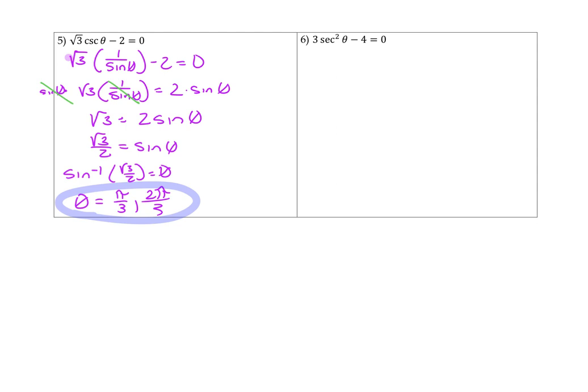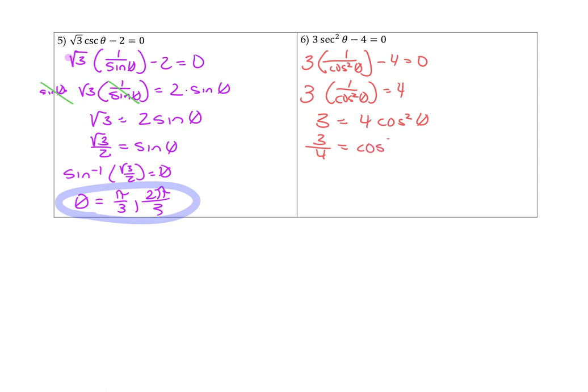Okay, this one has secant, which would be cosine. So I'm going to rewrite this as 3 times 1 over cosine squared theta minus 4. I'm going to add that 4. I'm going to now multiply by cosine squared theta to both sides. So now I get 4 cosine squared theta. Now divide by that 4. Now I've got to square root both sides.